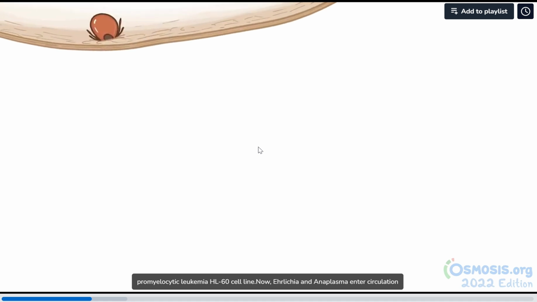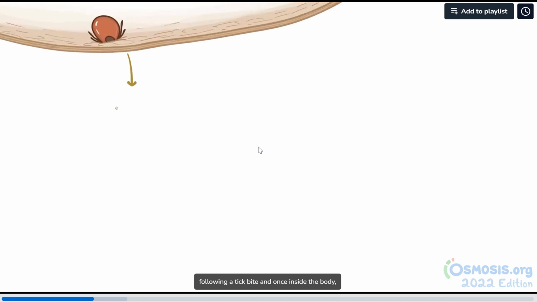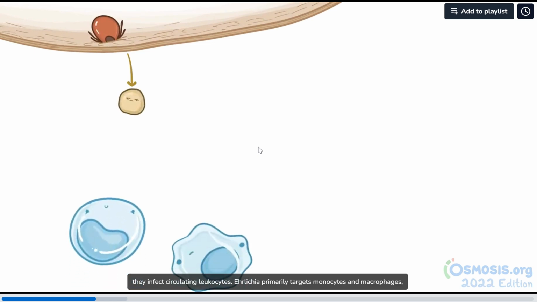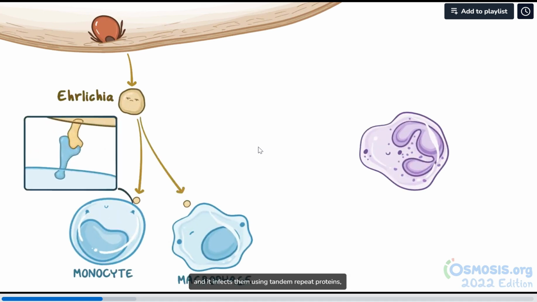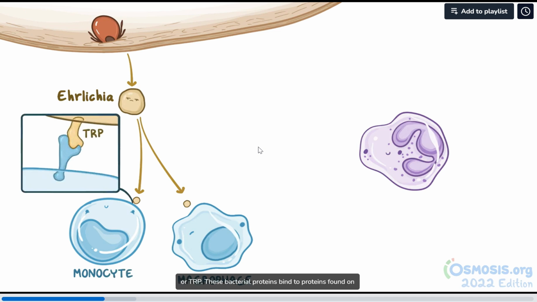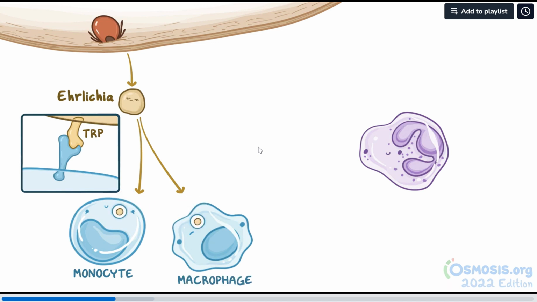Now, Ehrlichia and Anaplasma enter circulation following a tick bite, and once inside the body, they infect circulating leukocytes. Ehrlichia primarily targets monocytes and macrophages, and it infects them using tandem repeat proteins, or TRP. These bacterial proteins bind to proteins found on the surface of the cell, and they induce phagocytosis. So basically, they make the cell gobble up the bacteria.